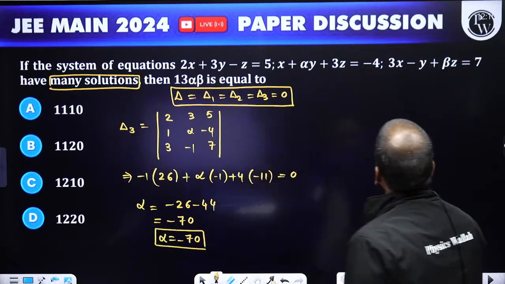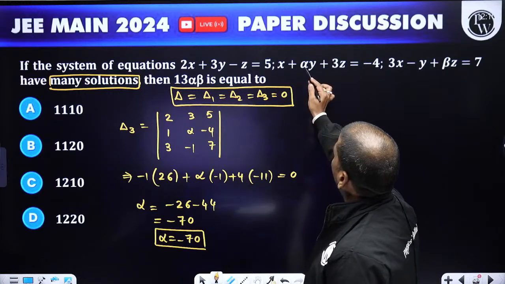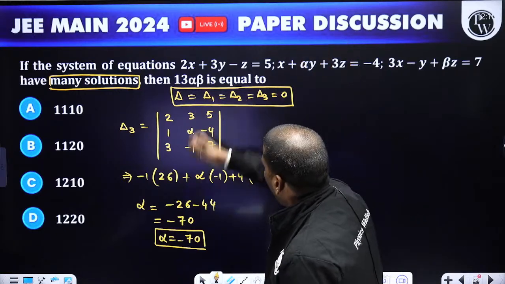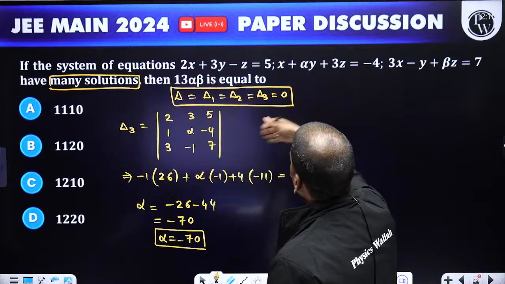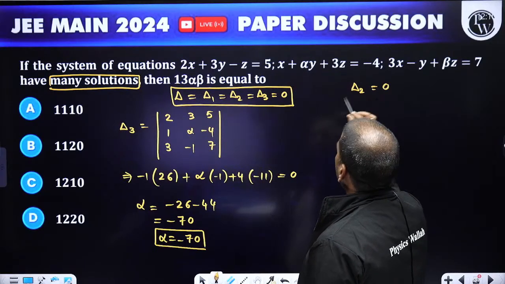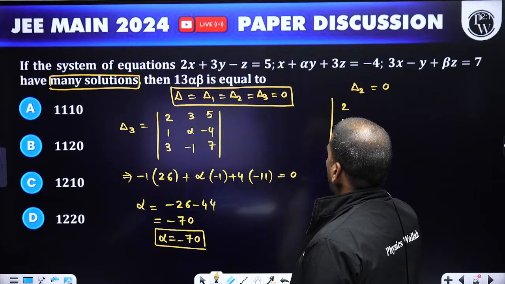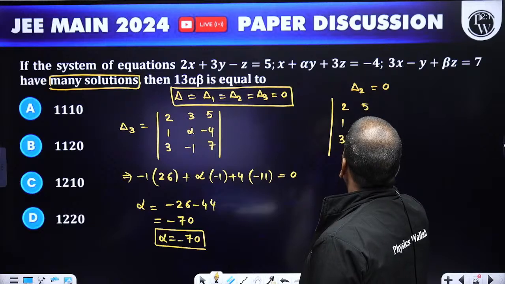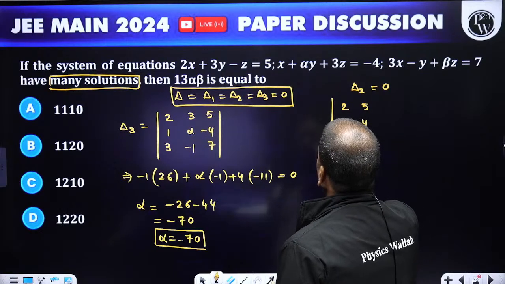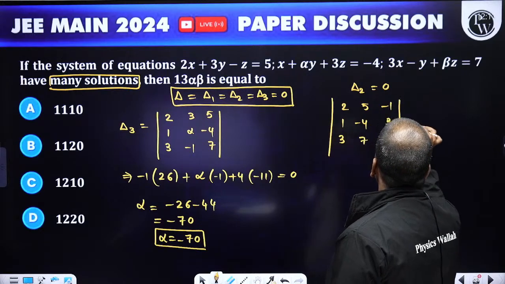Right? Next, coming to beta. For beta we need to eliminate alpha, so the constant column matrix should be in the middle row. So I will consider delta 2 is equal to 0. For delta 2: first row 2, 1, 3; then 5, minus 4, 7; and the last row minus 1, 3, beta, which is equal to 0.